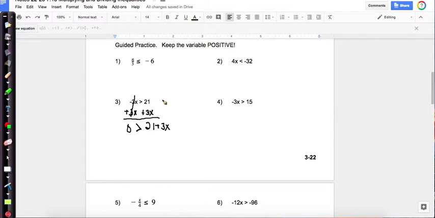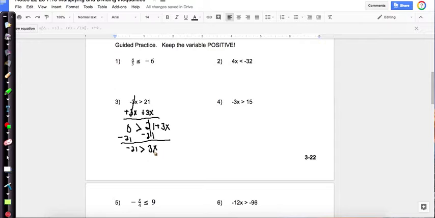Okay, now I'm going to want to cancel out the 21, so I'm going to subtract 21 because I want to get the variable by itself. The 21's cancel, and 0 minus 21 is negative 21 is greater than 3x.